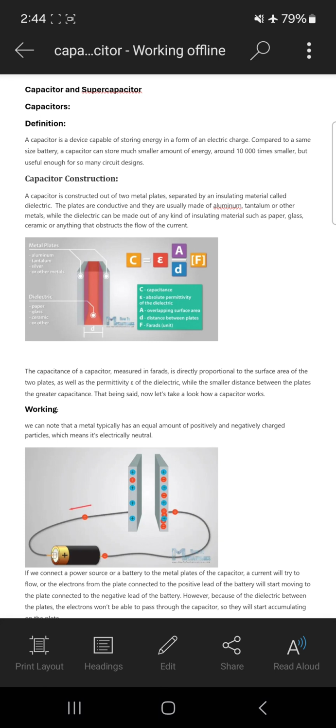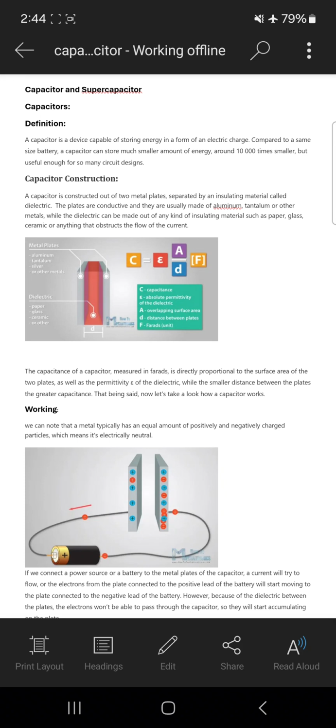Then, the capacitor's construction. A capacitor consists of two metal plates which are separated by an insulating material called a dielectric. The plates are conductive and are usually made of aluminium, tantalum or other metals, while the dielectric can be made out of any kind of insulating material such as paper, glass, ceramic, anything that can obstruct the flow of current.